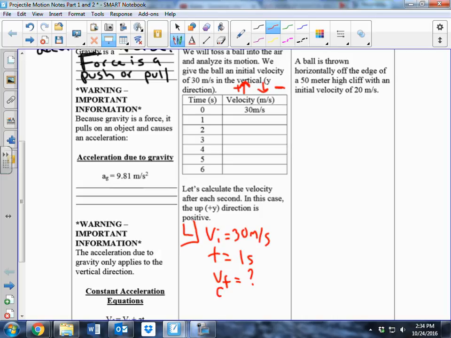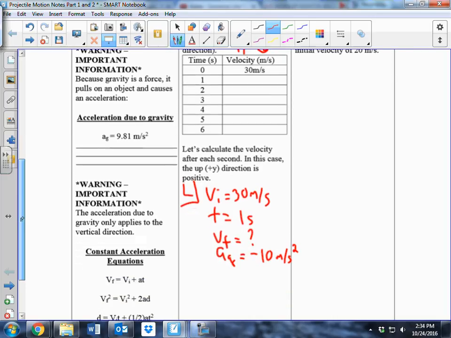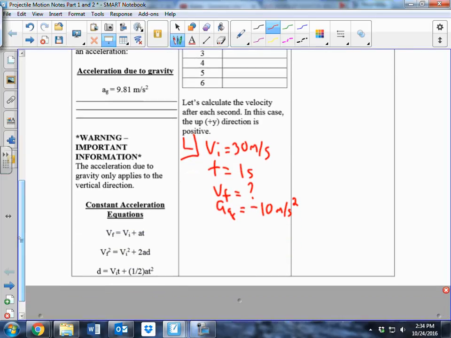And finally, I know the acceleration due to gravity. Remember, up is positive, down has to be negative. For the sake of the math, because I don't have a calculator with me, I'm just going to round up, and I'm going to make my acceleration negative 10 meters per second squared. So that's my LEPA. I'm looking for the final velocity after 1 second.